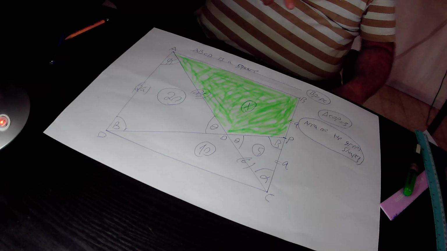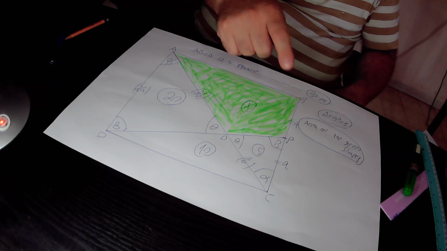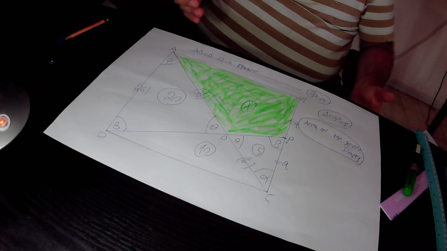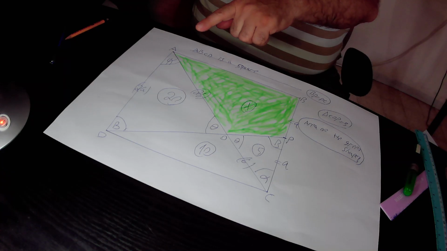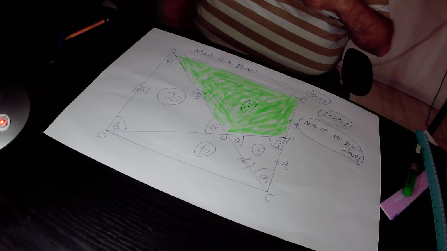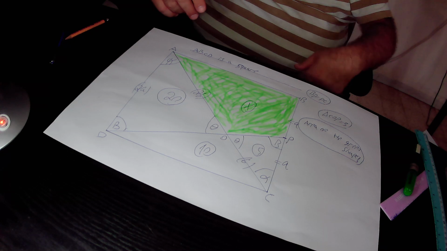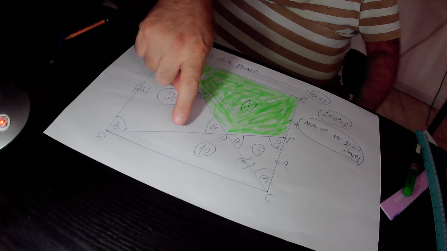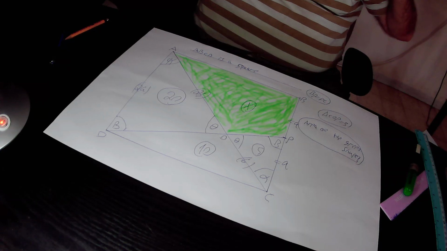In addition, side AD of triangle ADC equals side BC of triangle ABC for the same reason. And AC is the common side that belongs to both triangles. So AC equals itself. So triangle ADC can go into triangle ABC according to the side rule.